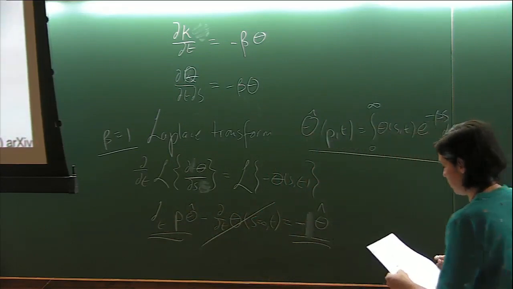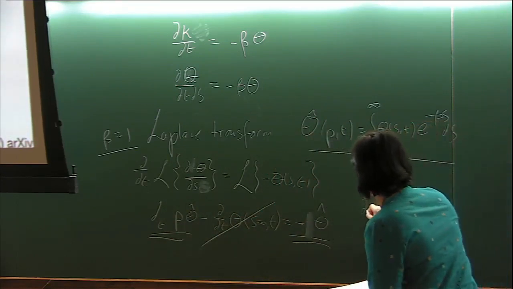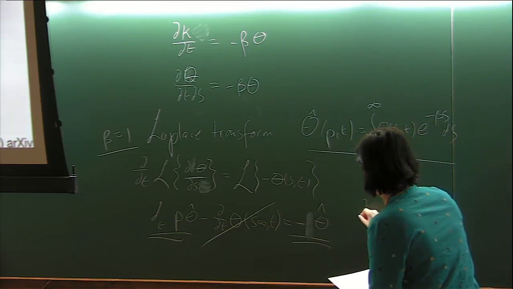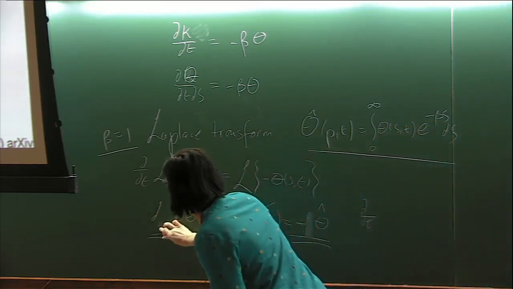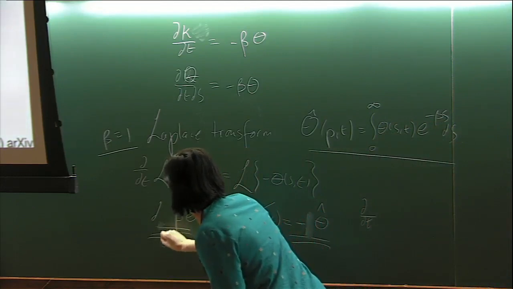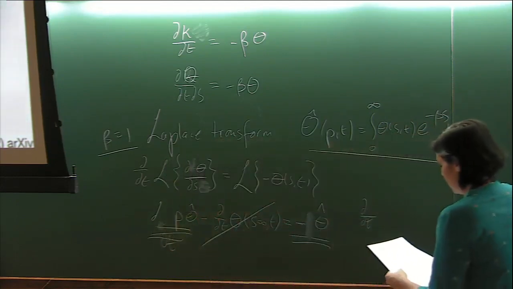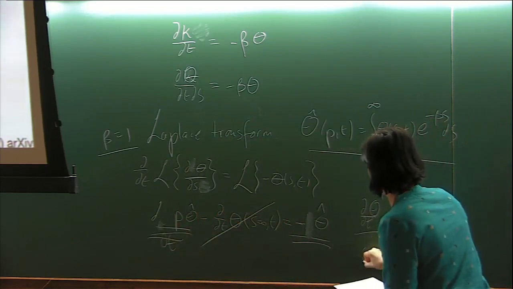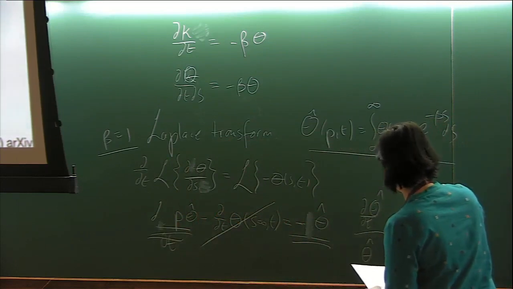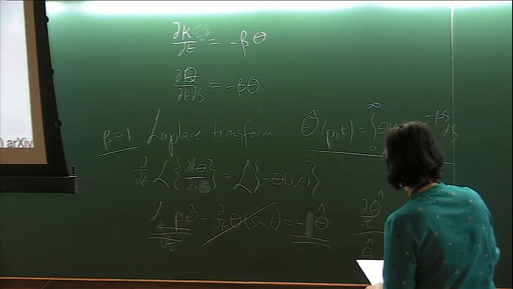So now I have basically the derivative in time of theta with this parameter p equals theta. We know how to solve this, right? I'll rewrite this, d/dt of theta over theta equals 1 over p.